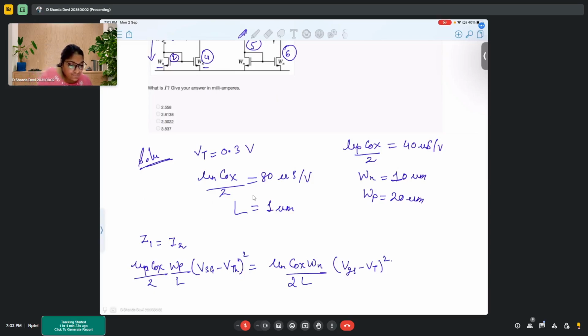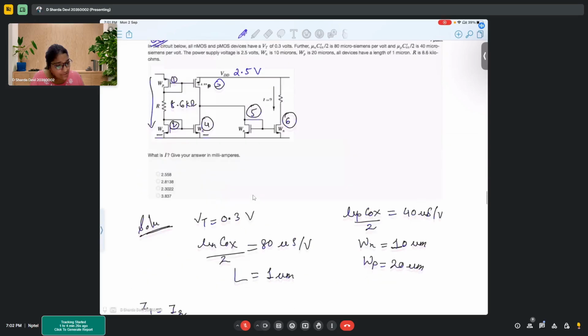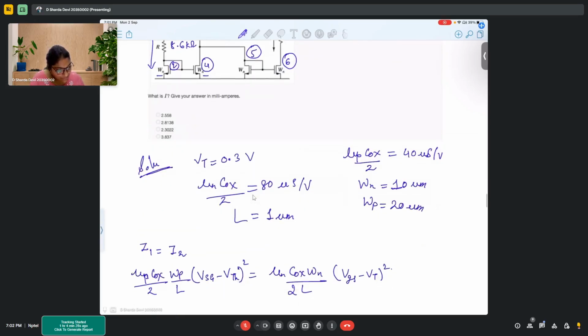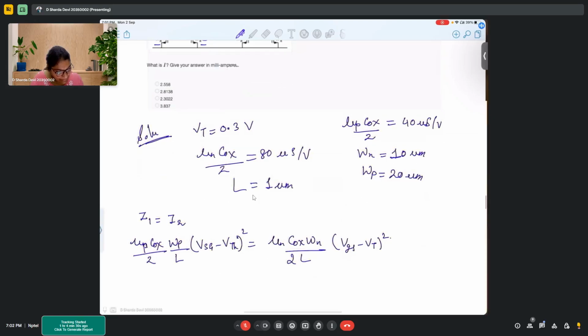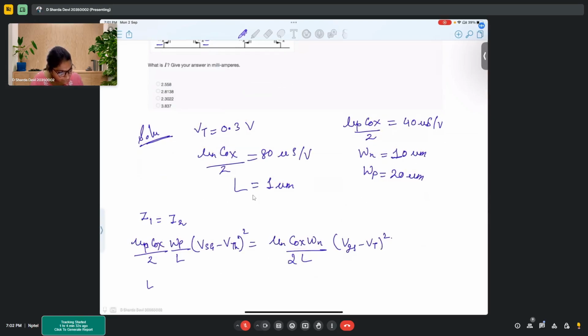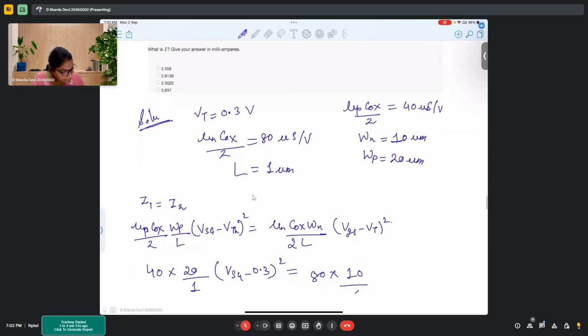Right. So from here, VT of all the transistors is 0.3, so VT will be there. Other than that, let's substitute. So 40 into Wp, which is 20 by 1, (VSG minus 0.3) square equals 80 into 10 by 1, (VGS minus 0.3) whole square.